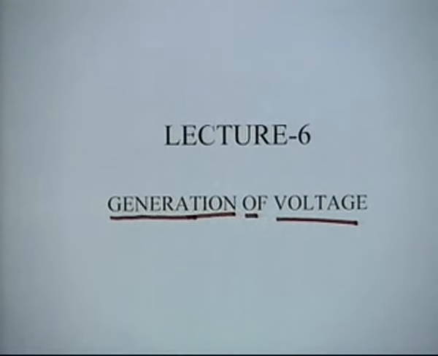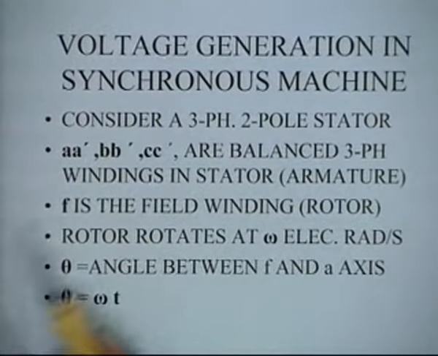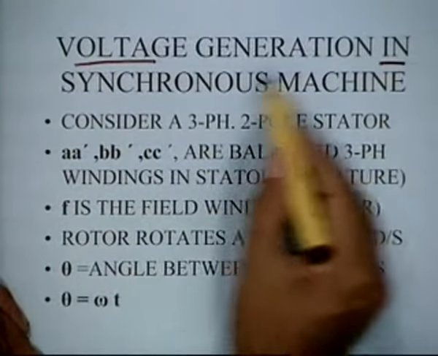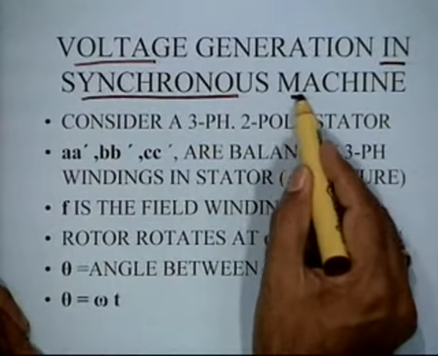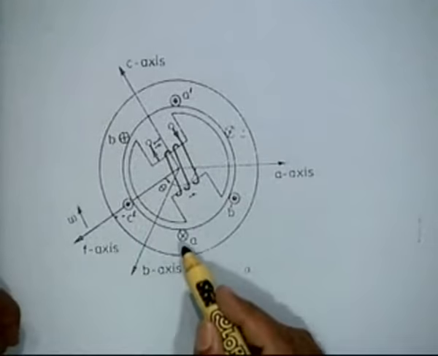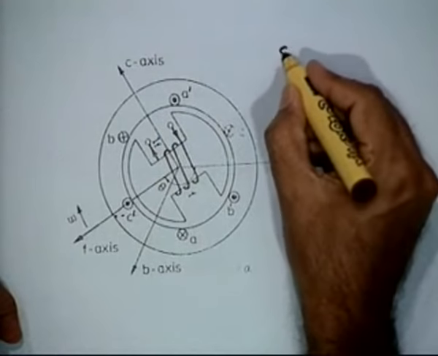Now the first thing we take up is a typical synchronous machine, that is, voltage generation in a synchronous machine. You all know that a synchronous machine will have three-phase stator windings.